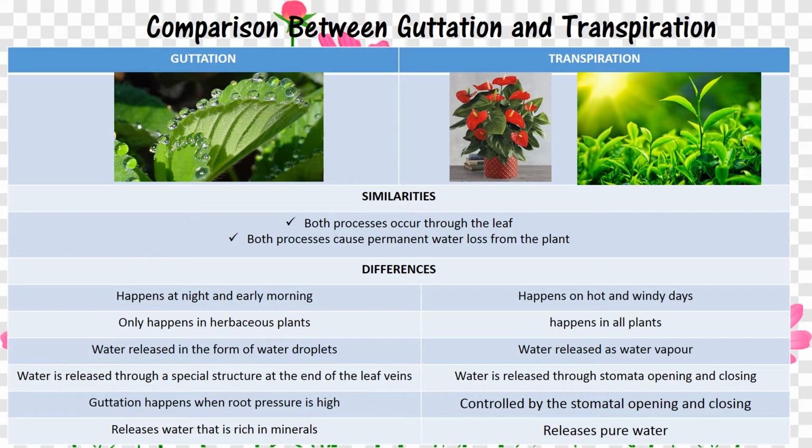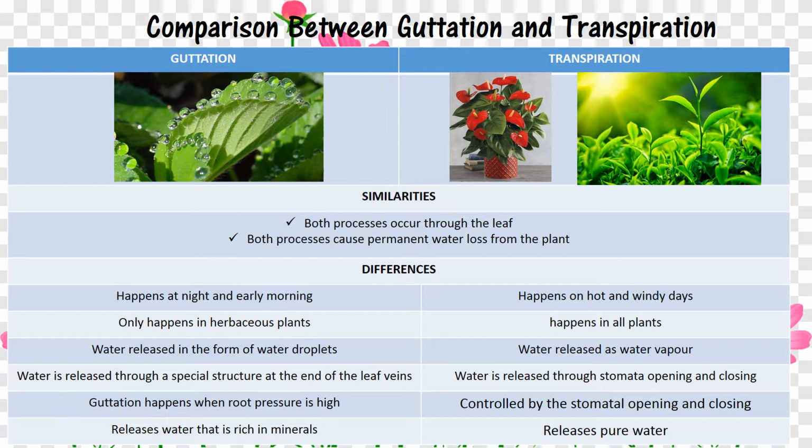Okay, this is a comparison between guttation and transpiration. Actually, there are two similarities between guttation and transpiration. Both processes occur through the leaf, and both processes cause permanent water loss from the plant. There are 6 differences. The first one, guttation happens at night and early morning, while transpiration happens on hot and windy days.